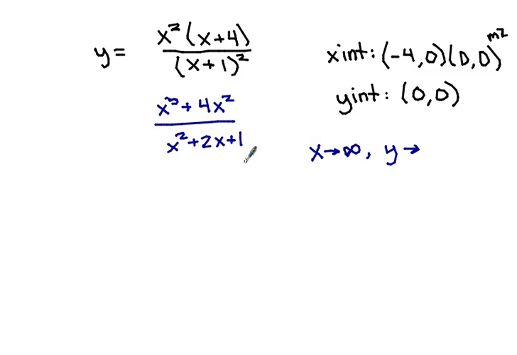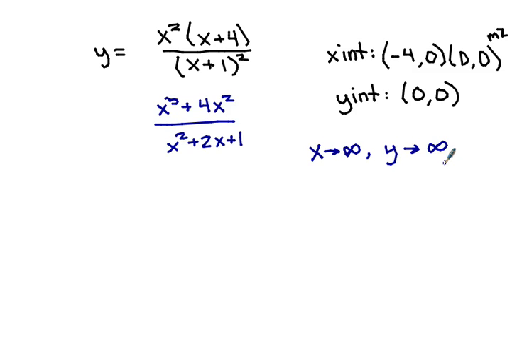So as these get really big, we can kind of ignore the smaller pieces, and that kind of goes away. So we end up with an x cubed over x squared. What do we start to approach? We start to approach infinity. Why? Because it's basically just approaching x. We're approaching this straight line x. Now we can go figure out exactly what we're approaching, but we know we're kind of going towards infinity.